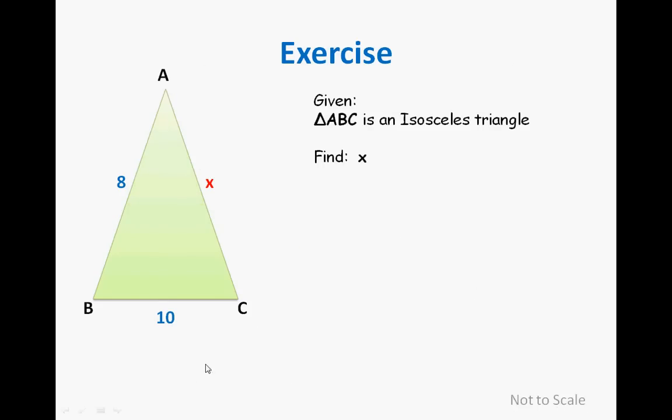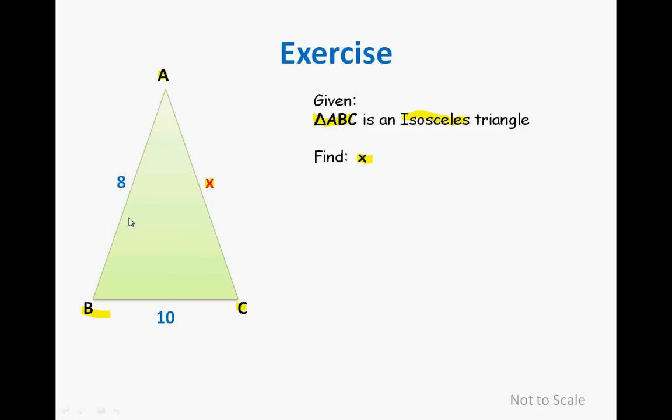Here I have two exercises, and they're very simple. It says that ABC is an isosceles triangle, and they want us to find X. As I said, only two sides are congruent, not 3, not 4, not 1, only 2.